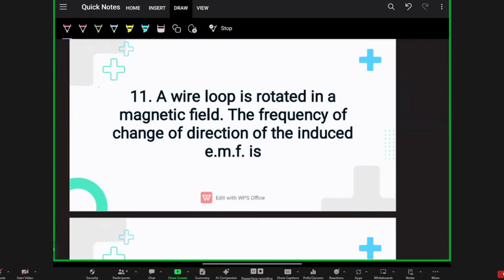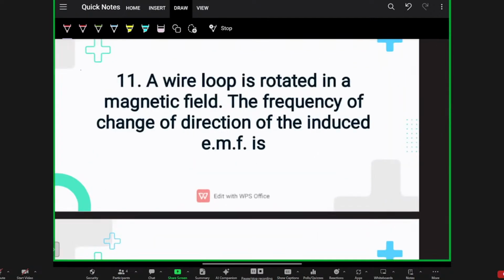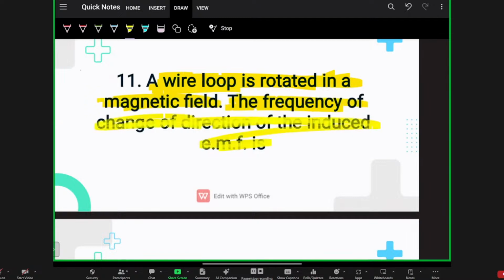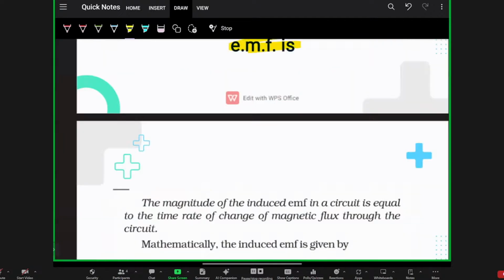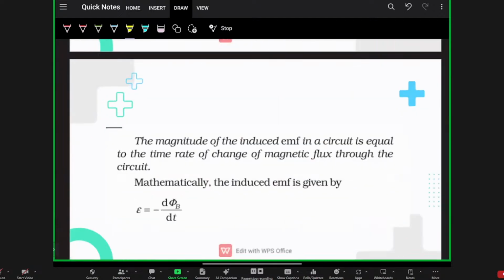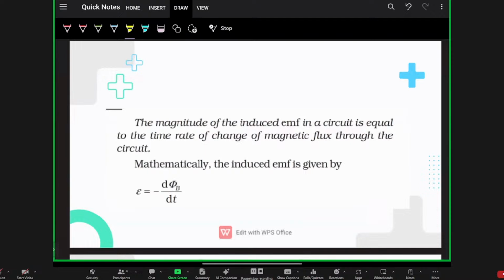We have a wire loop. A wire loop is rotated in a magnetic field. The question asks for the frequency of change of direction of the induced EMF. See, from Faraday's law, we know that the magnitude of the induced EMF in a circuit is equal to the time rate of change of magnetic flux through the circuit.